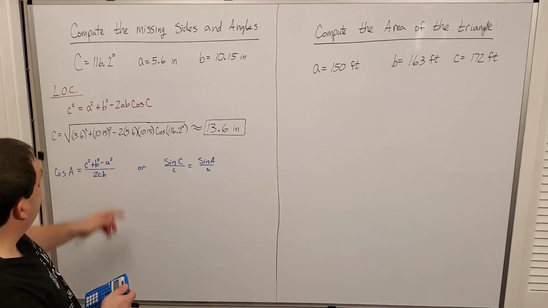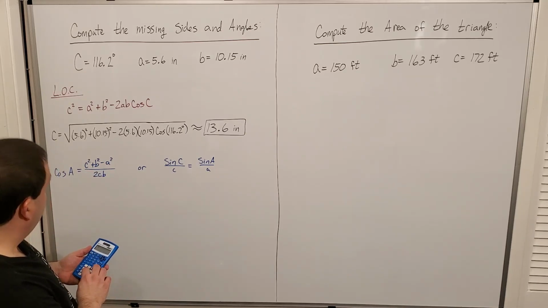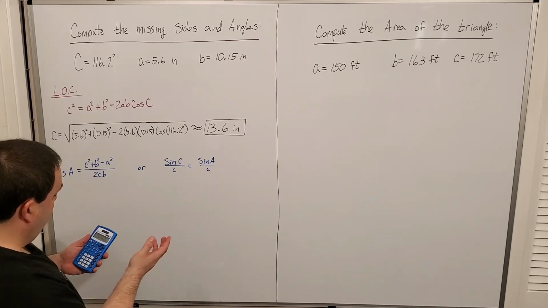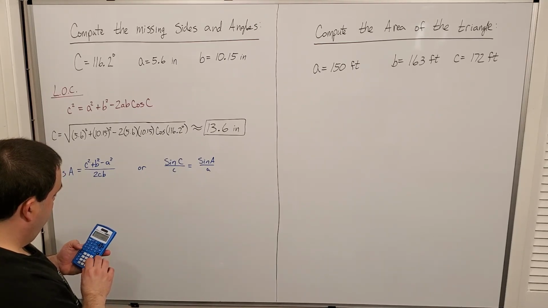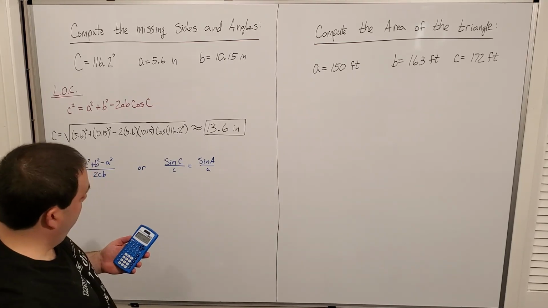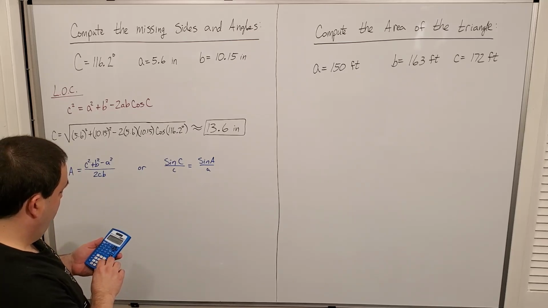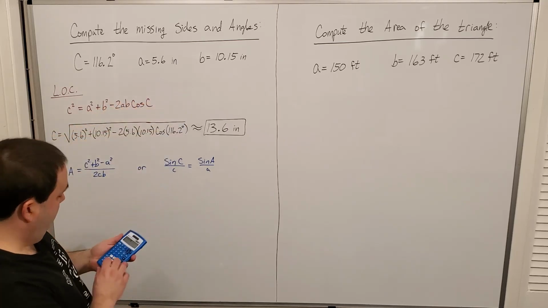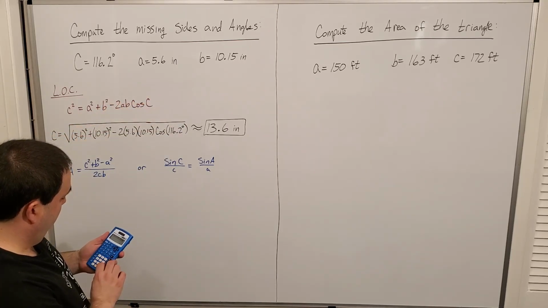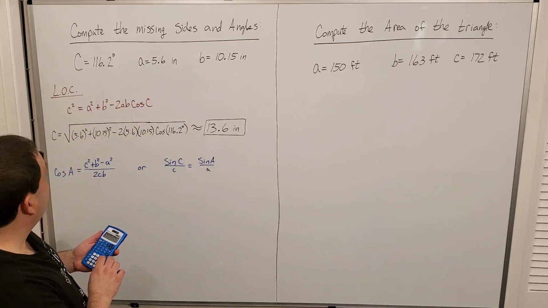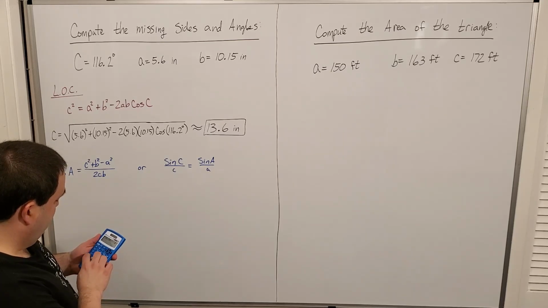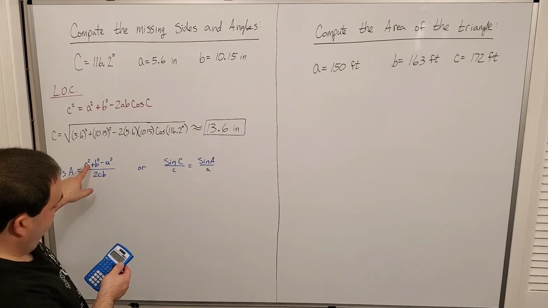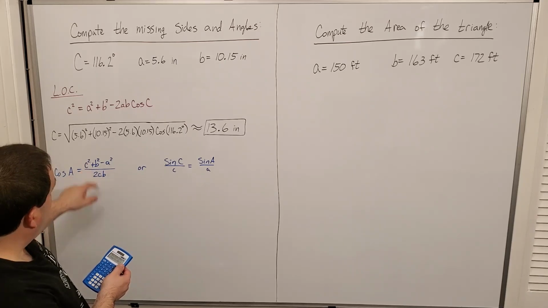C squared plus B squared minus A squared. C squared is going to be the thing that we just calculated squared, which is 184.57. Plus B squared, 10.15 squared. Minus A squared, minus 5.6 squared. So my numerator here is 256.235.